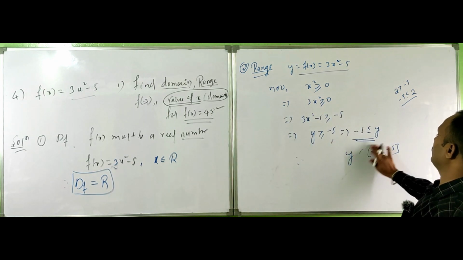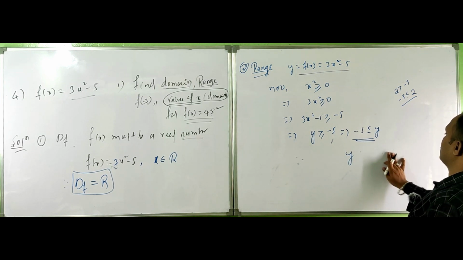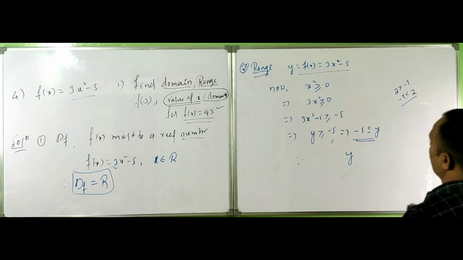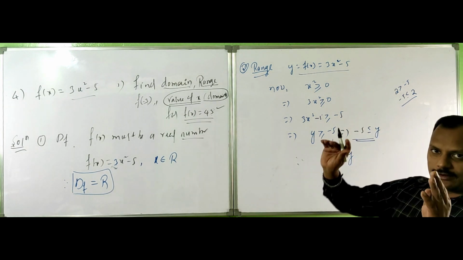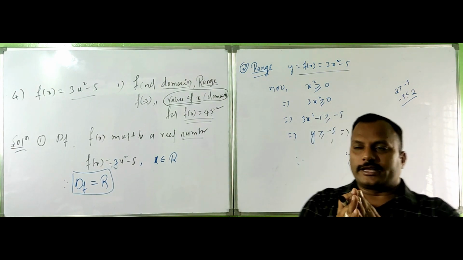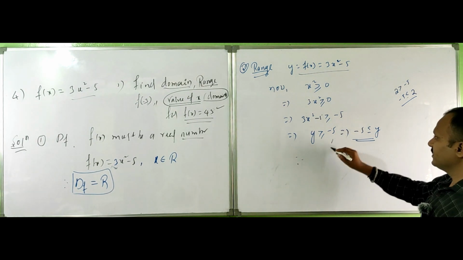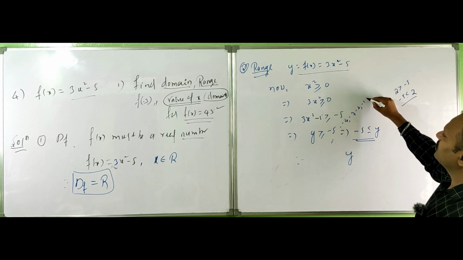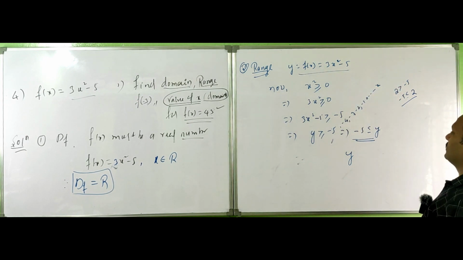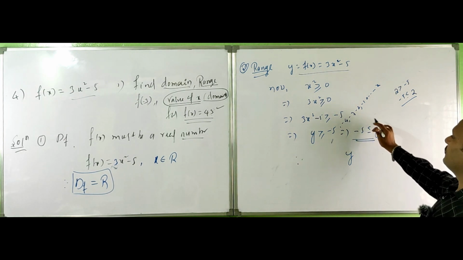This is wrong. How is it wrong? Minus 5 is less than or equal to y, so the value of y is greater than or equal to minus 5. This is the main confusing part. The values are minus 5, minus 4, minus 3, minus 2, minus 1, 0, up to infinity.